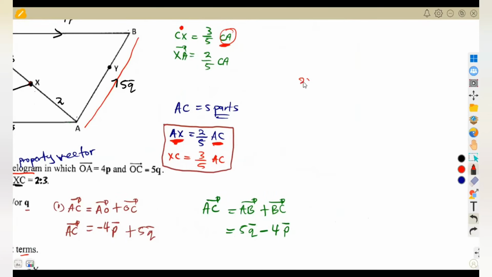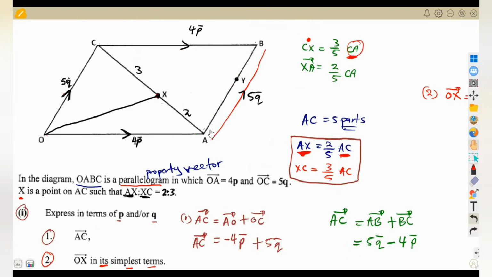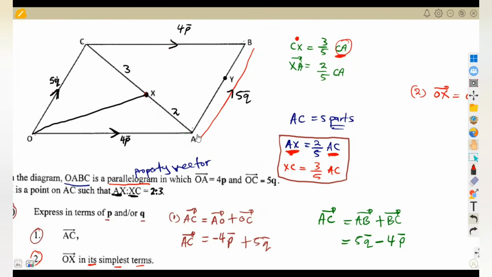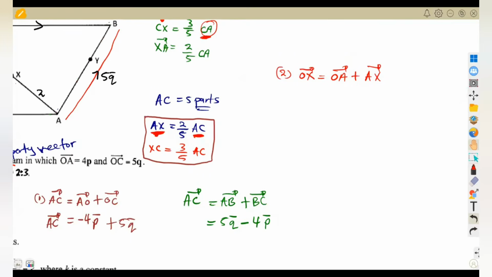So for number 2, we said OX, we are going to move from O to A. Agreed, that's going to be OA plus A to X in this case from our diagram. All right, O to A, then A to X. Are we having OA? We have OA, that is, we are maintaining our direction. So that's 4P.